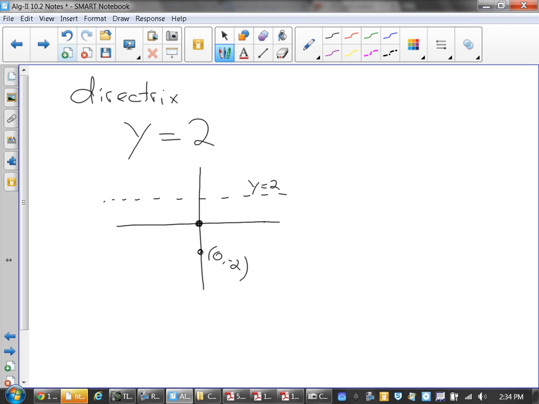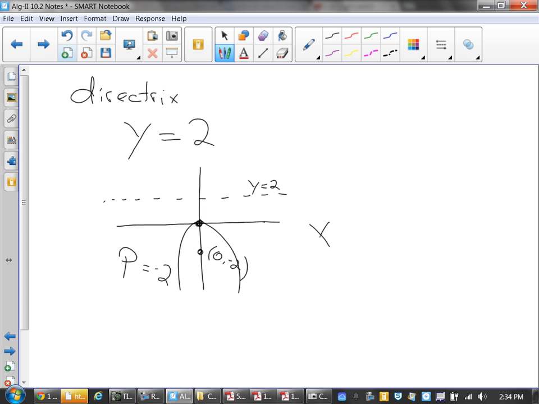The p value is always the distance from the vertex to the focus. Since it's going down, it's -2. So p is -2. We know this is a downward opening one, so is that going to be an x squared or a y squared parabola? X squared.